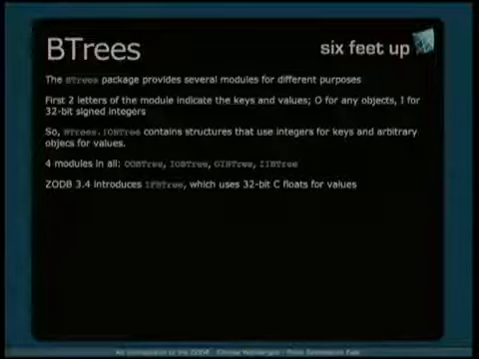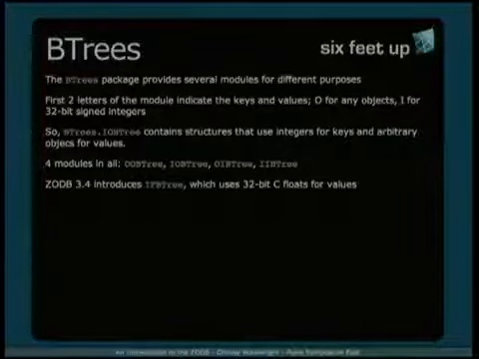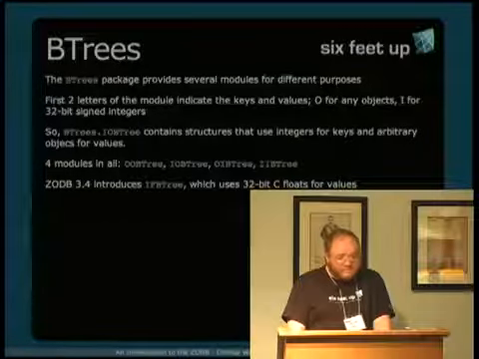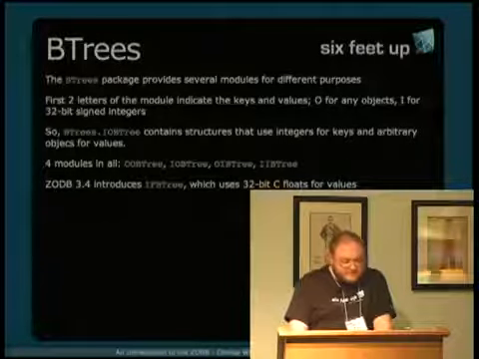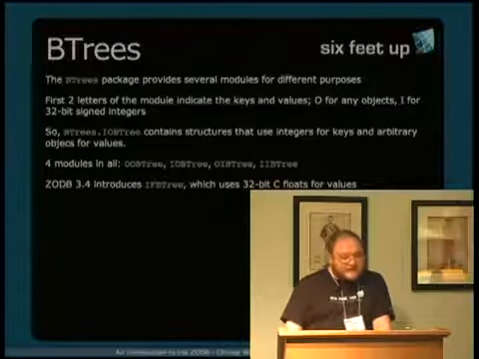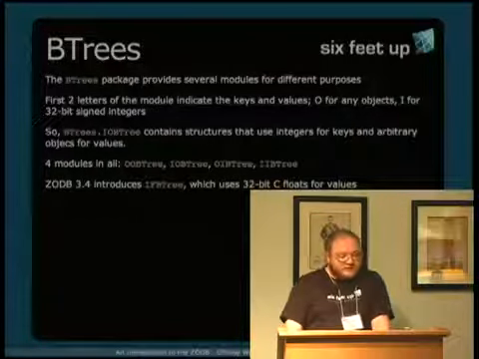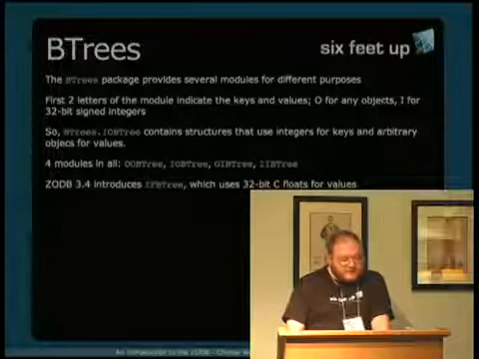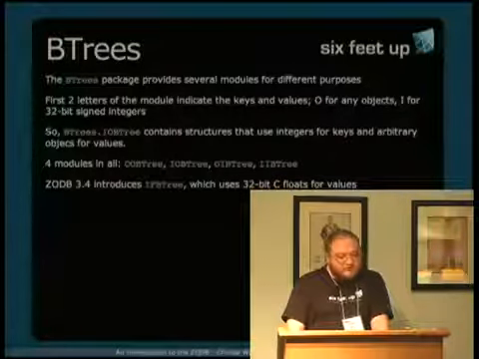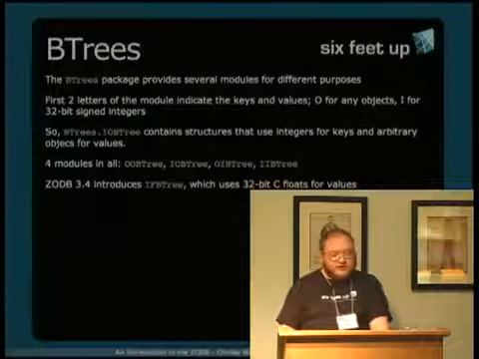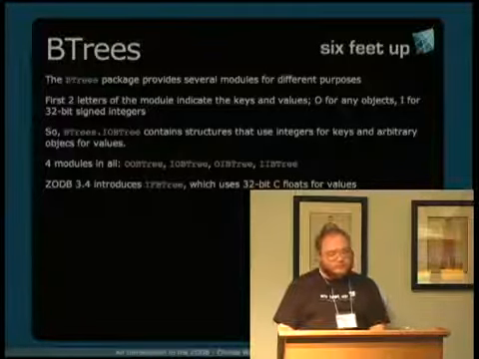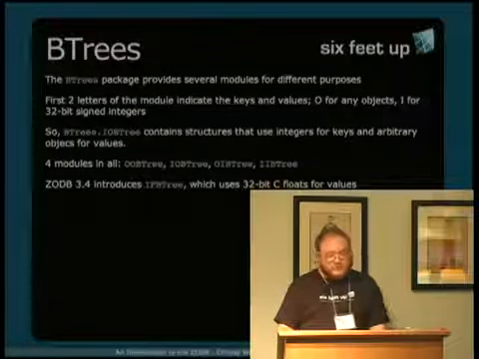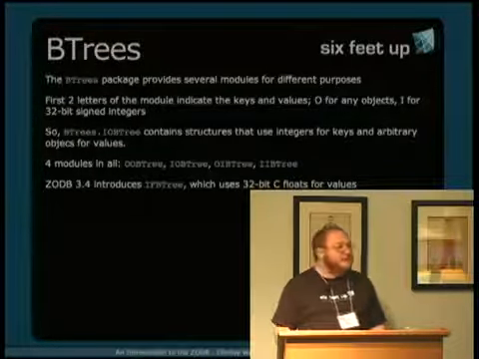So the BTrees package has several modules that are available. This will actually look a little bit like static typing because they optimize for different cases. Inside the BTrees package, there are several modules, and they differentiate each other by the first 2 letters of each module. If there's a capital O, then it stands for any arbitrary object.